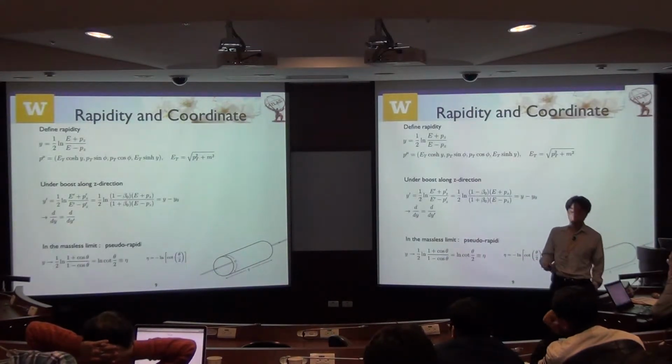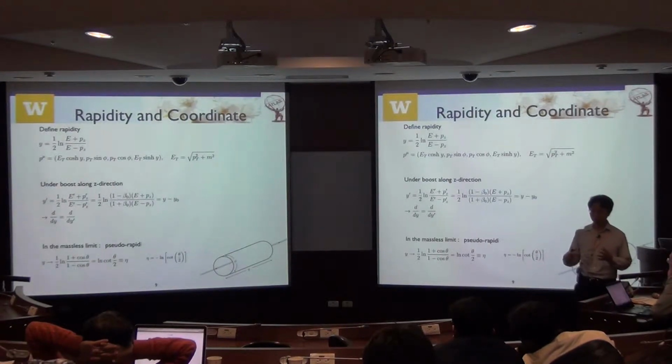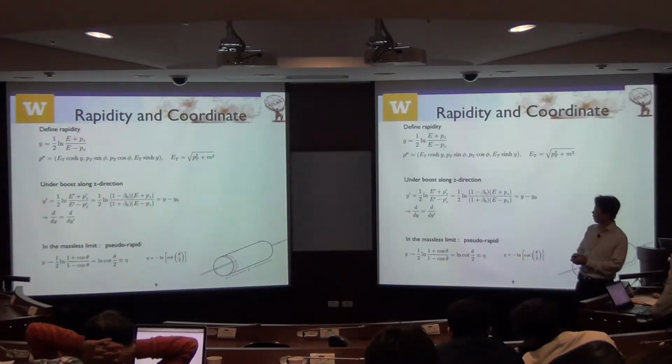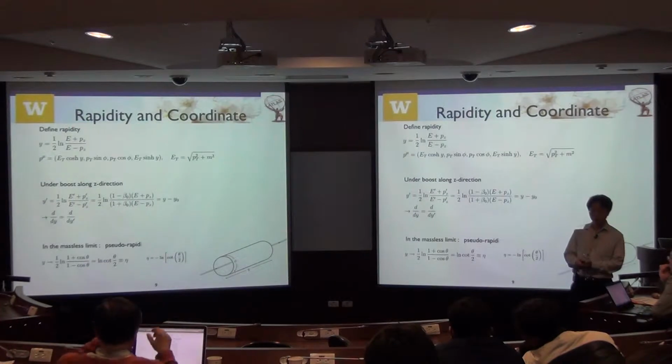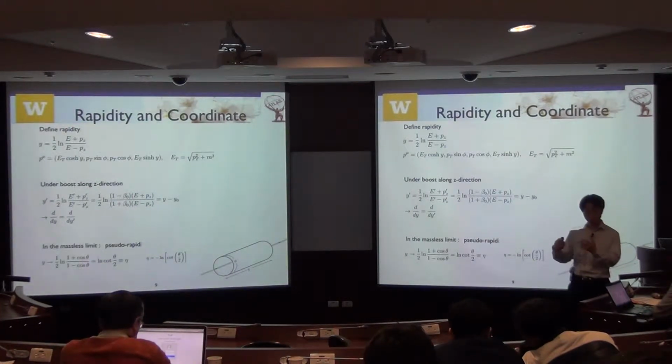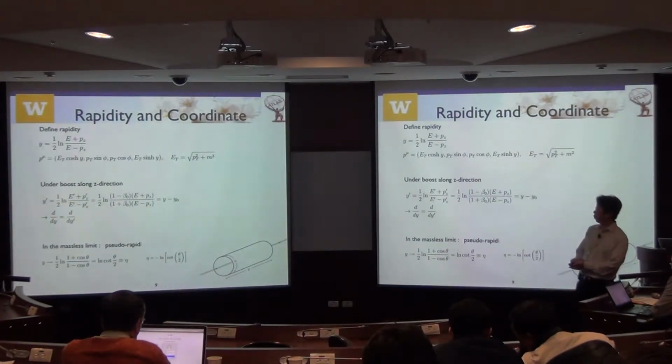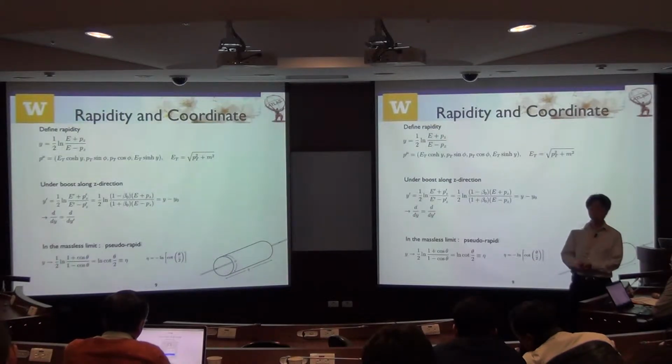Before that, let's try to set some coordinates. In hadron collider physics, we typically use the angular unit called rapidity.